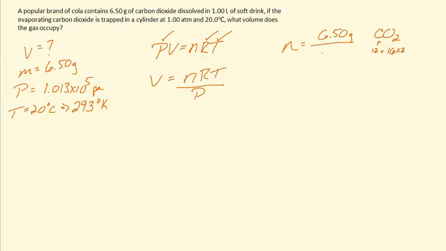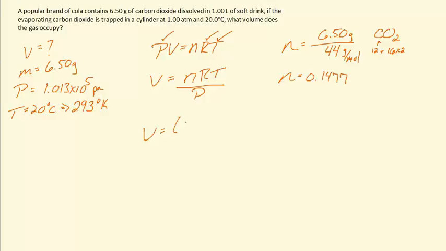So we see that the molar mass for carbon dioxide is equal to 44 grams per mole. So if we divide our mass by our molar mass, we see that our moles will be equal to 0.1477. So now that we know all our variables, we can solve for our volume.